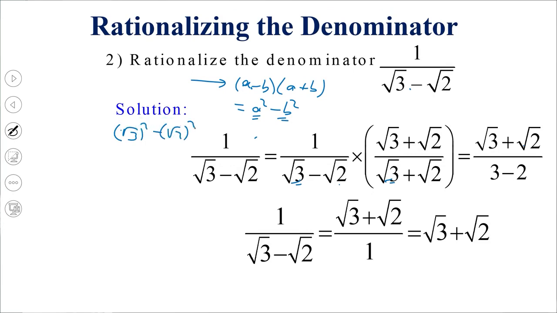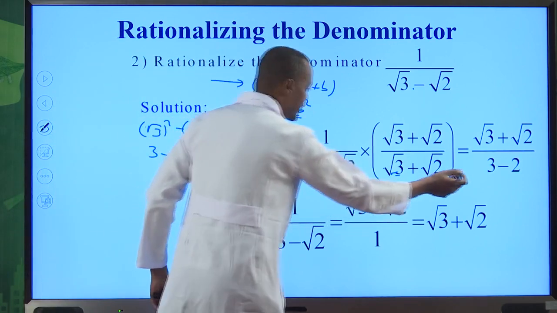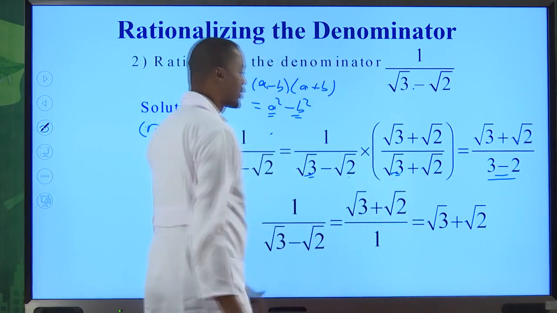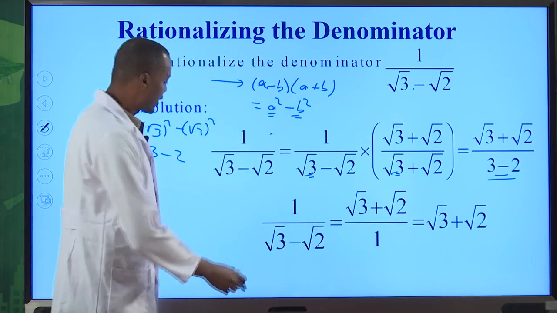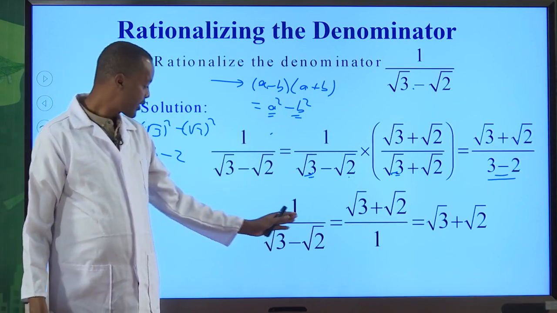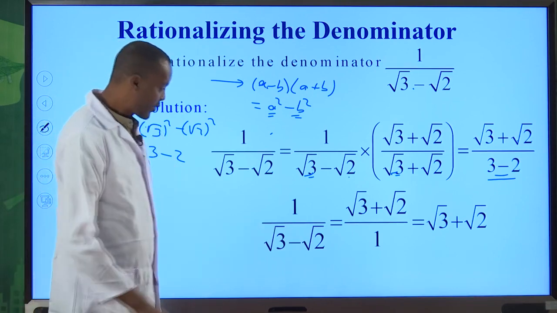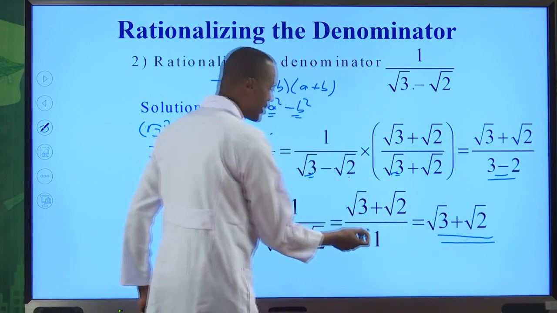Root 3 squared is 3, that is, square root of 9 is 3, minus root 2 squared, square root of 4 is 2. So I will have the terms that you can see here. And 3 minus 2 is simply 1. So the given mathematical expression, that is 1 divided by root 3 minus square root of 2, will finally be equal to just root 3 plus root 2.